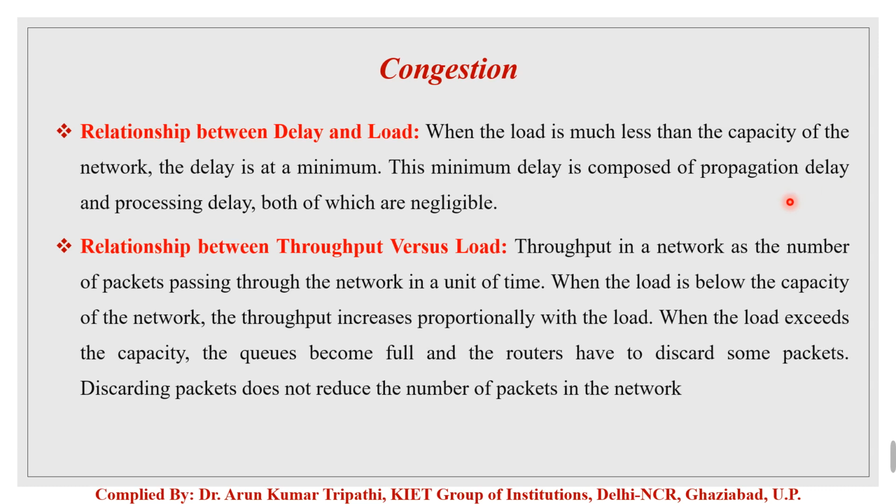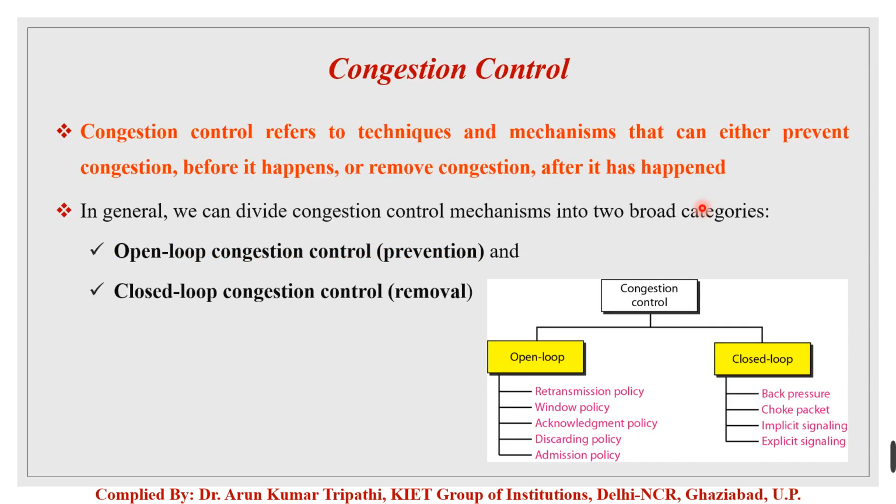Now in continuation, we will discuss the various mechanisms for congestion control. Congestion control refers to the techniques and mechanisms that can either prevent the congestion before it happens or remove the congestion after it happens. So there are two mechanisms. First one does not allow the congestion to happen. Second one, if the congestion has occurred, then how to overcome that congestion.